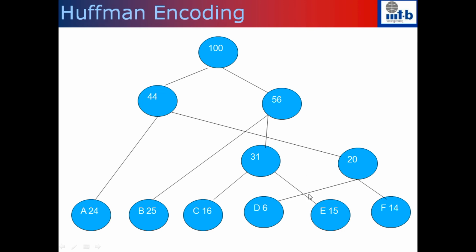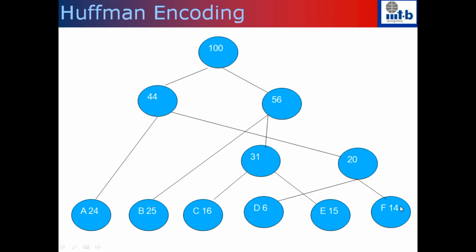Now if you have to come to E, first you start with the root node, take a right turn, then take a right turn, and then again take a right turn. So the encoding for E will be 1 1 1, and the encoding for F will be 0 1 1, right?